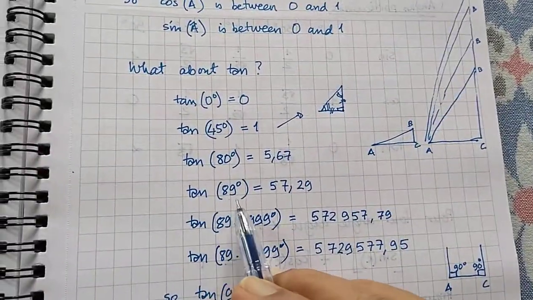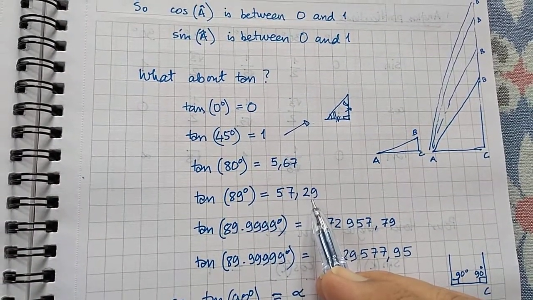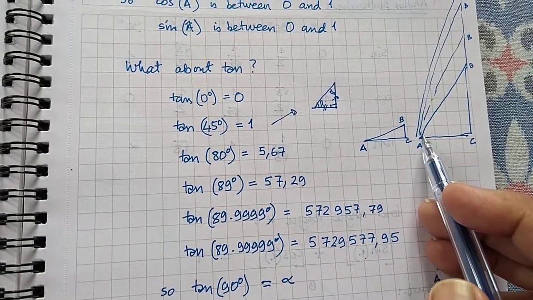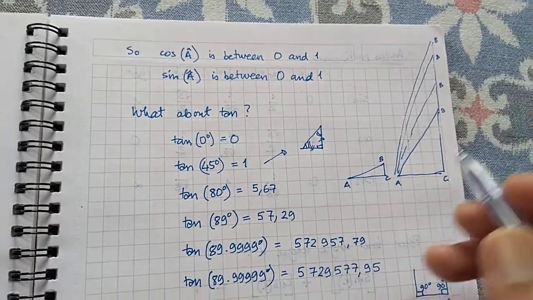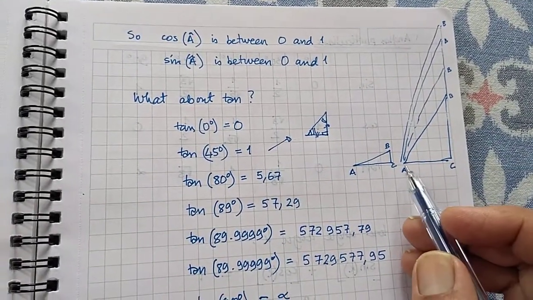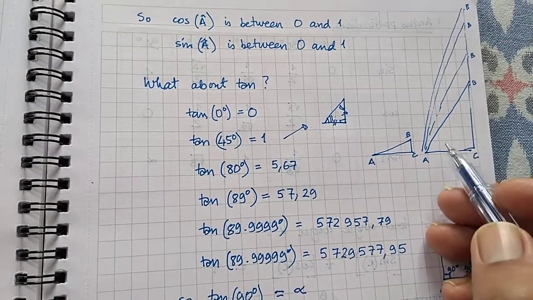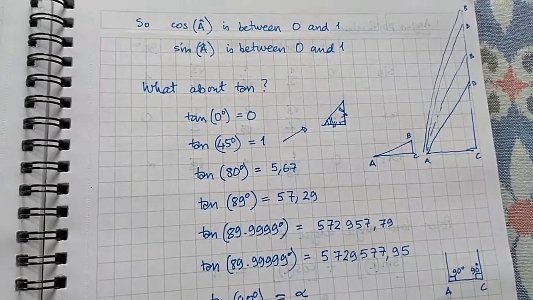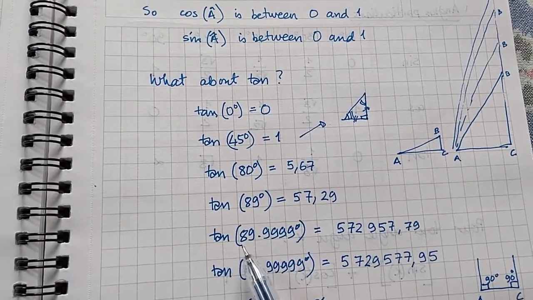Then if I take tan of 89 degrees, it becomes 57.29. That means if I take 89 degrees here, then this côté opposé will be 57 times the length of the côté adjacent, because this over this will equal 57.29. Now I add a few more nines, I get closer and closer to 90 degrees.